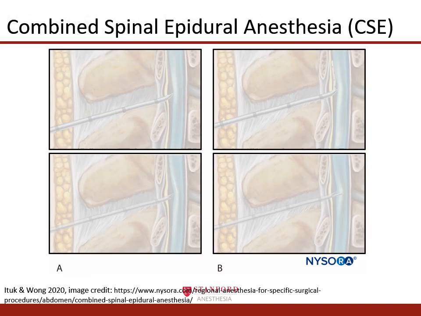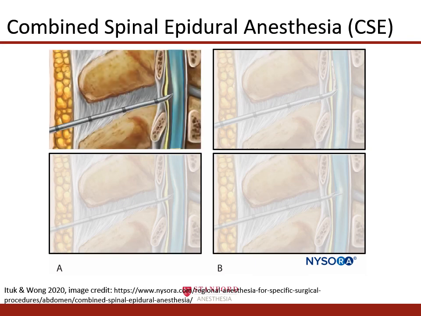Now, I want to provide a brief conversation about combined spinal epidural anesthesia, or CSE. A CSE involves injecting medication intrathecally for a rapid anesthetic block and then threading a catheter into the epidural space for continuous medication administration.